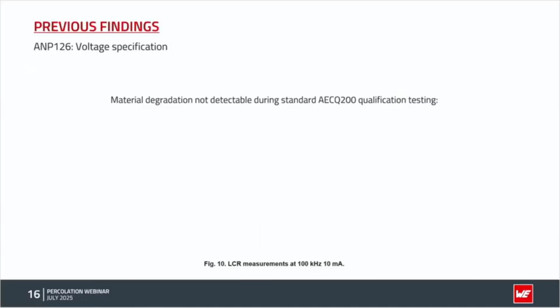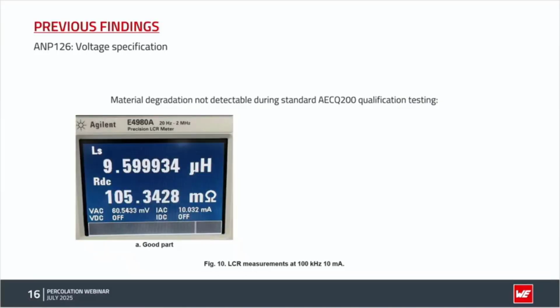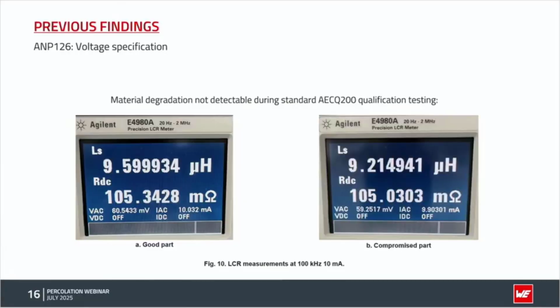Why is that not part of, for example, a qualification of the components? So in our application note regarding voltage specifications, we use the example of the same article, once before and another one after application of a high voltage exposition.